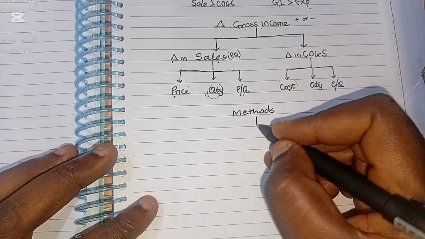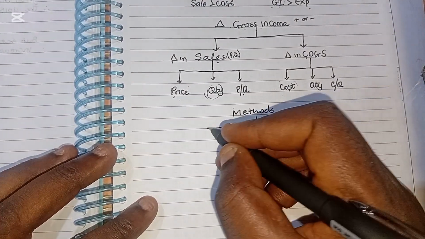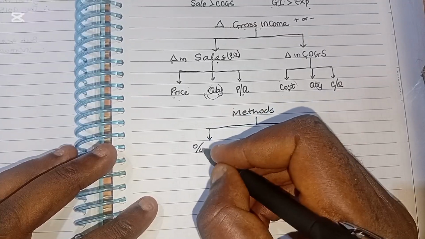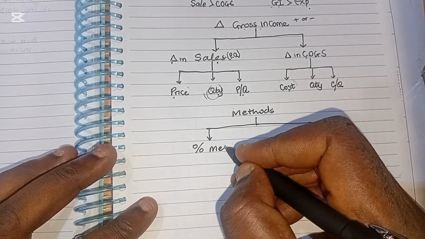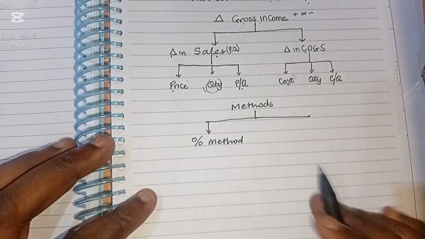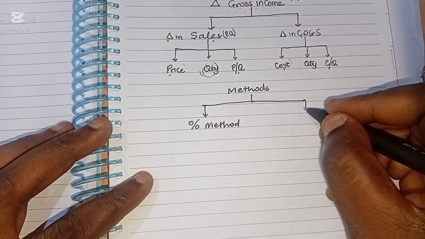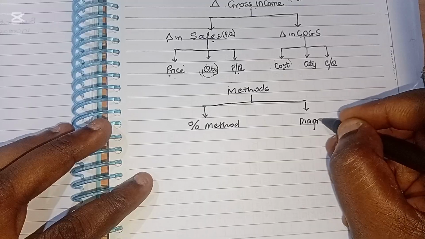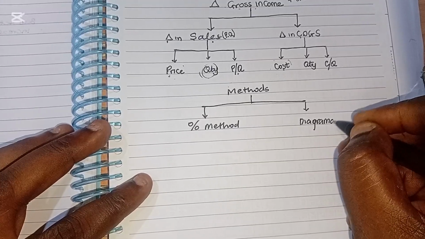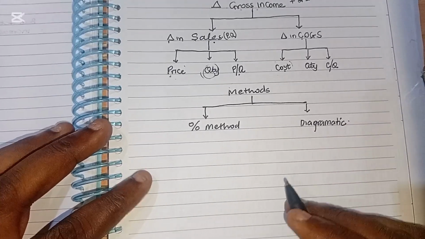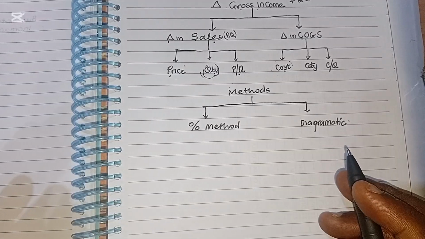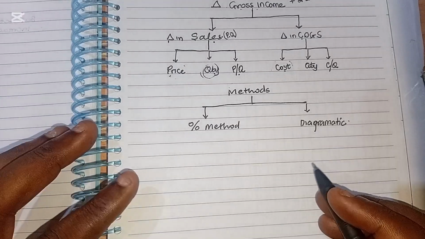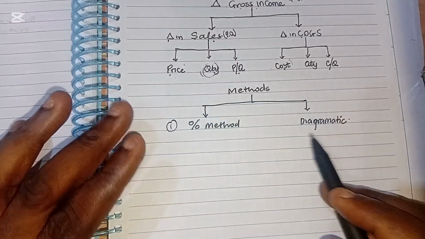Number one, we can use the percentage method of analysis. We can also use the diagrammatic method. Now let's start with the percentage method.